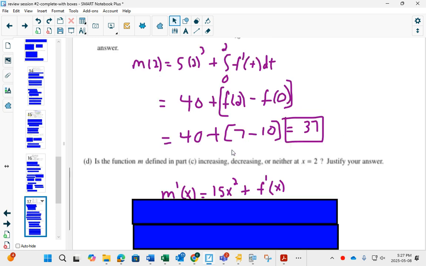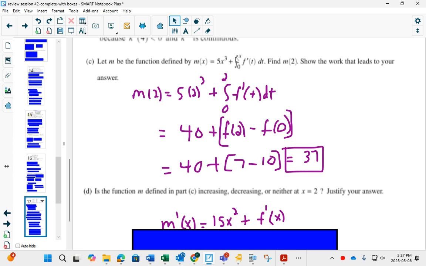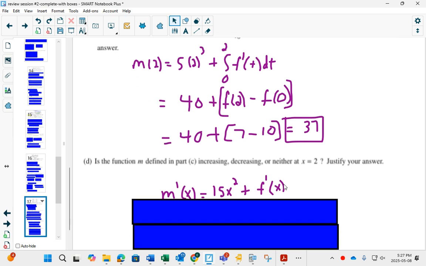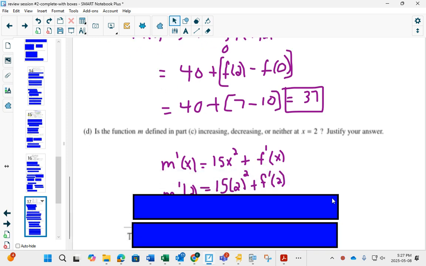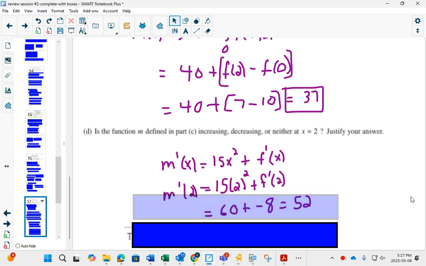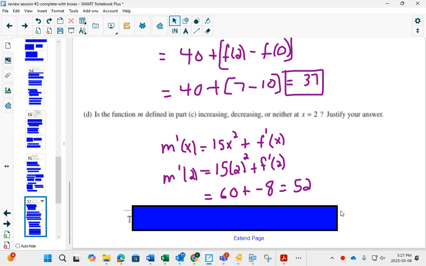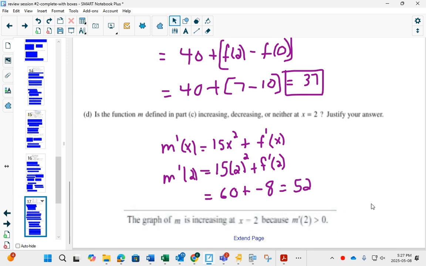But the derivative of the integral from 0 to x of f prime of t dt, that's the fundamental theorem of calculus part 1. That's just going to be f prime of x. Then at 2, we're plugging things in. F prime of 2 was given to be negative 8 from your chart. And you get 52. And because it's positive, we know that it's increasing.